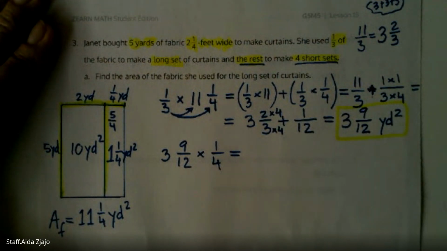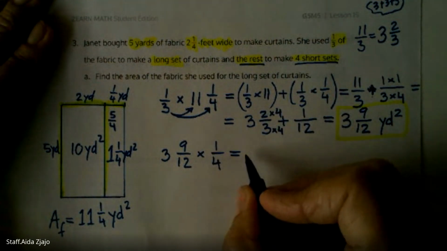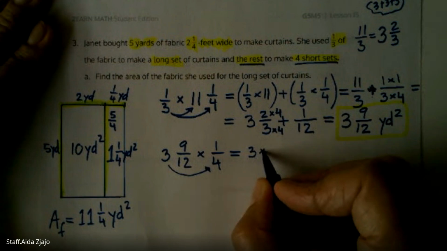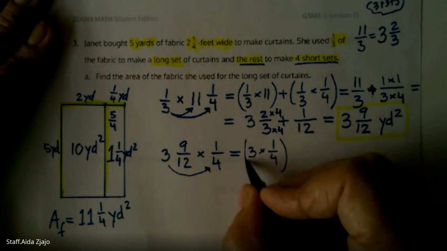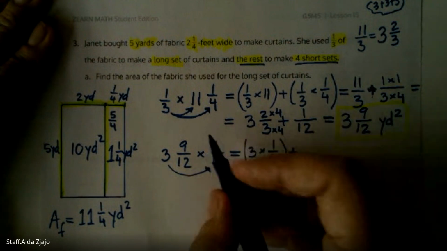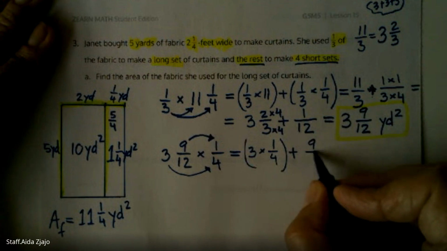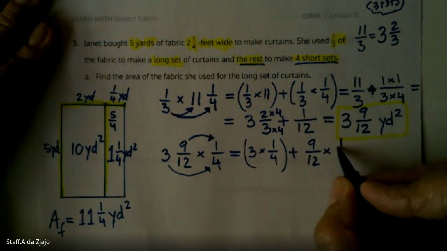So let's see. That means I have to do 3 times 1/4 plus 9/12 times 1/4.